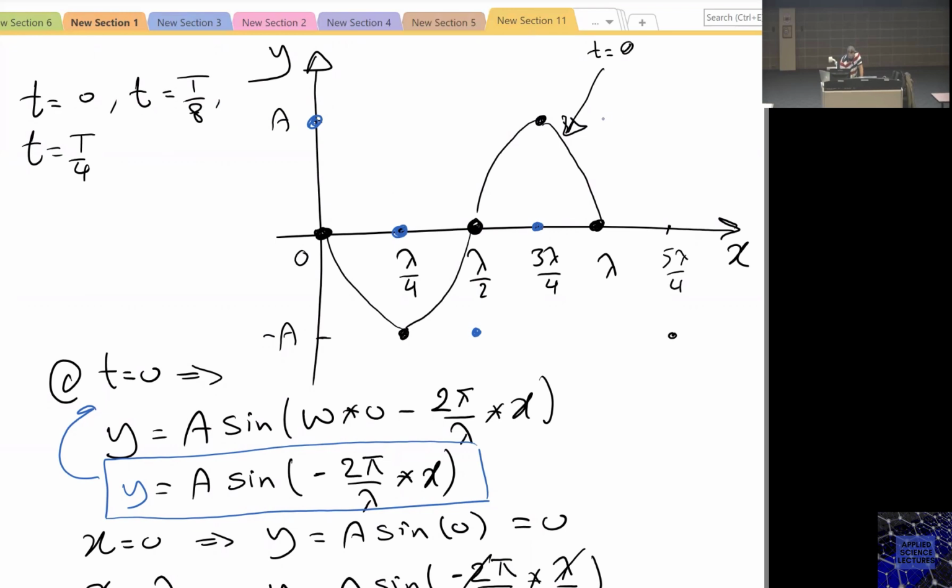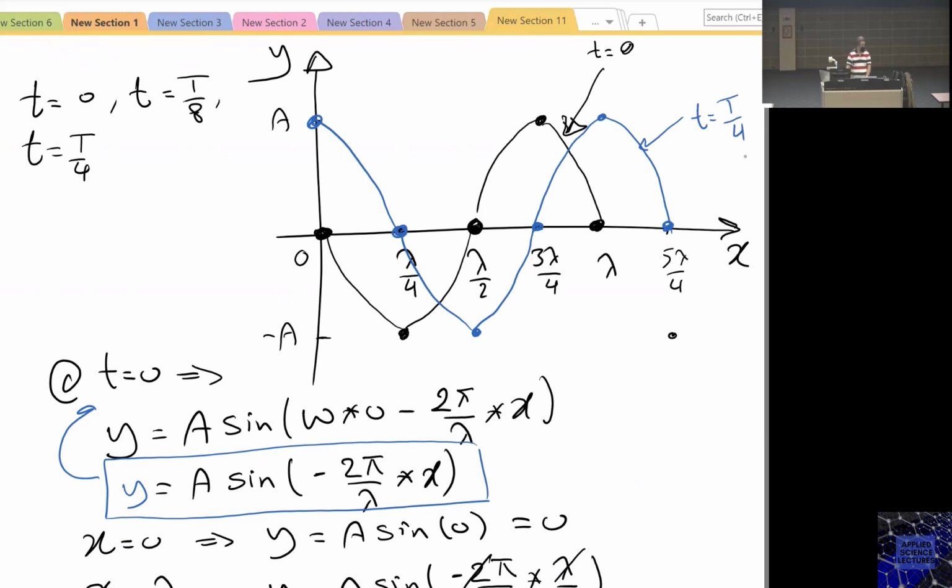At lambda, it will be A. At 5 lambda over 4, it will be 0. It's a periodic function. Think about it. So if I'm now to plot this, so this one is T over 4.